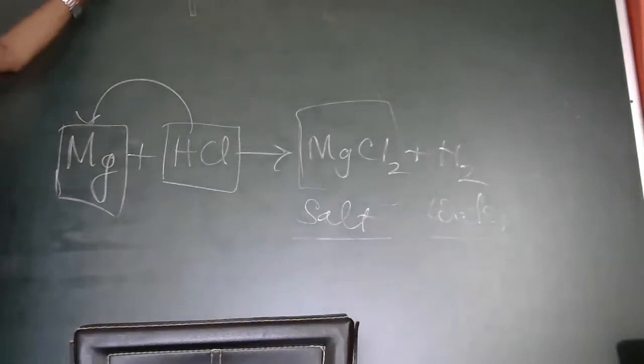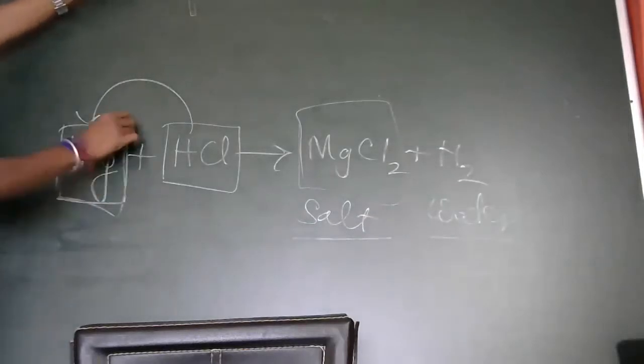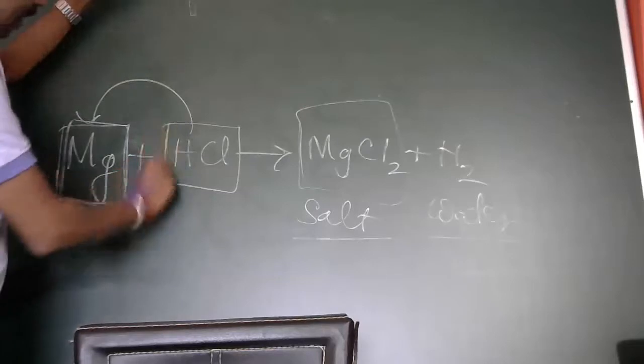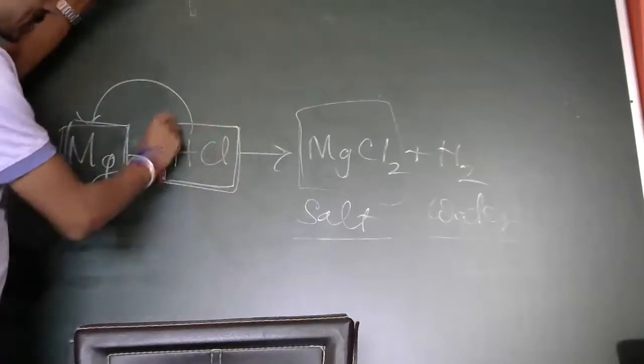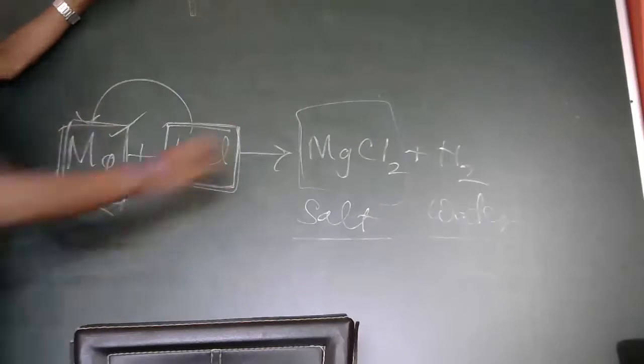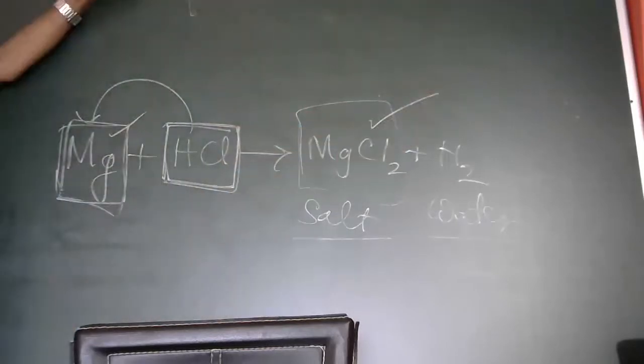In your textbook, open and see this reaction, acid reacting with a metal. If hydrochloric acid is reacting with the metal, it forms chlorides.